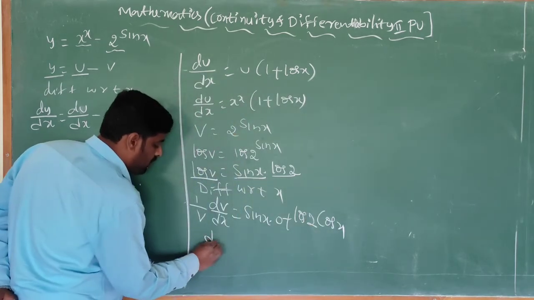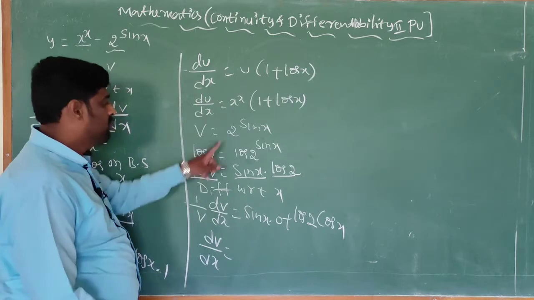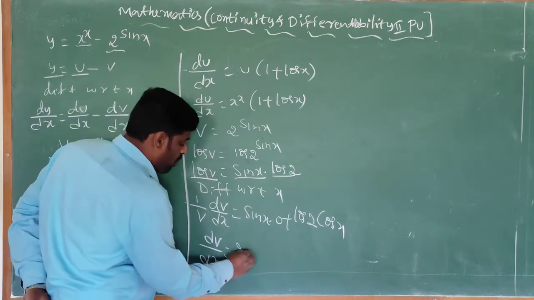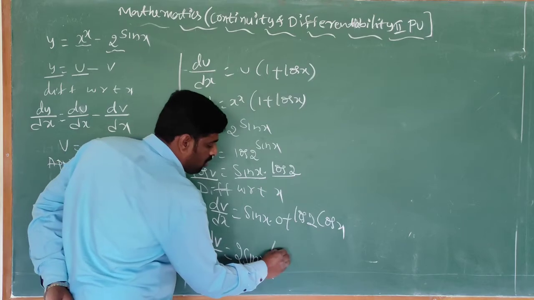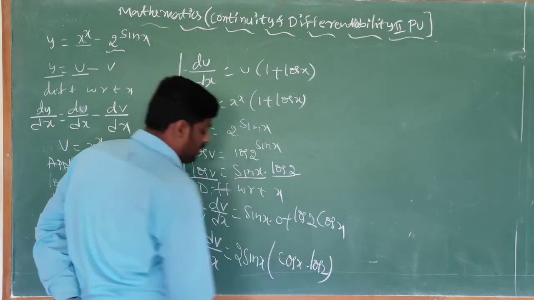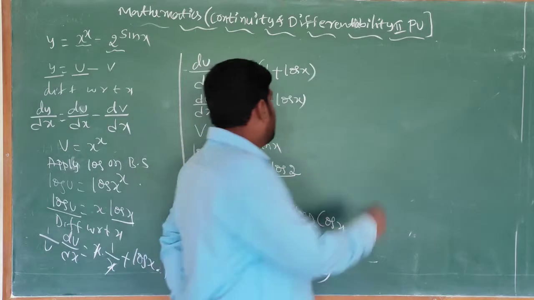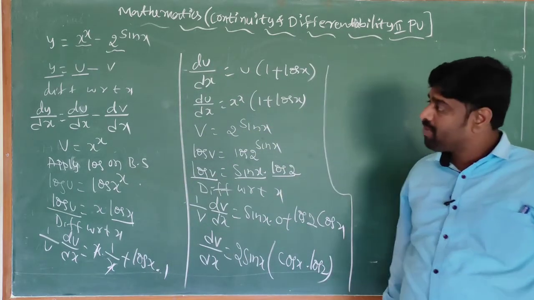Now dv by dx is equal to, what is v? 2 to the power of sin x into cos x into log 2. This is dv by dx. Now I want to find dy by dx.